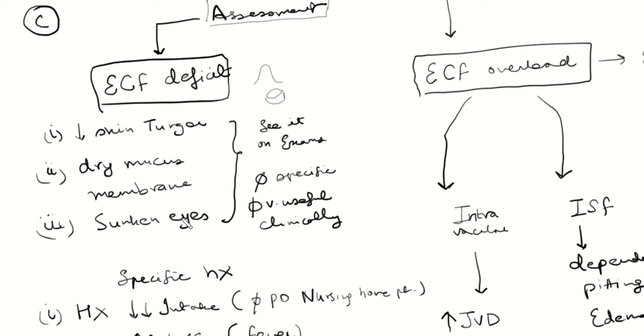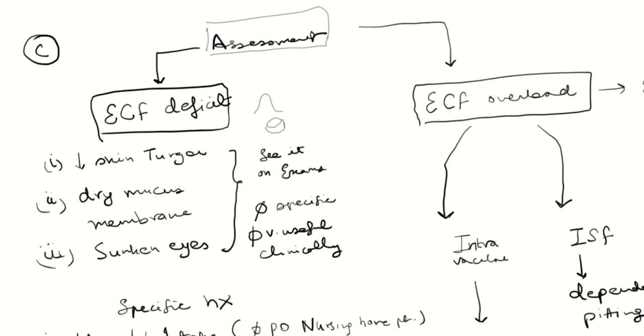And then sunken eyes. So these are three things you're going to see on the exam questions. When somebody is giving you this in an exam, they're trying to tell you what? The patient has ECF deficit or hypovolemia.